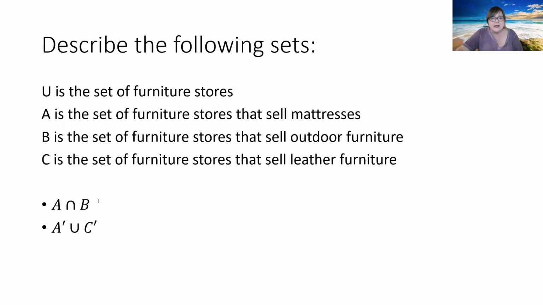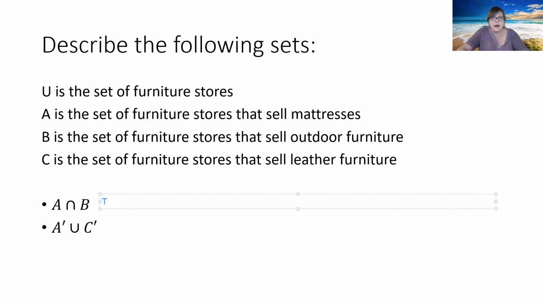So A intersect B is the set of furniture stores that are in common to both A and B. That's the intersection. Intersection is an and. And means it belongs to both. Okay.